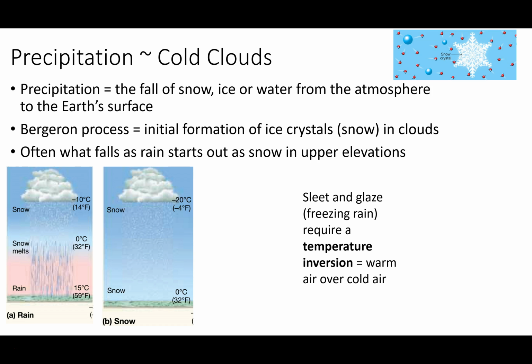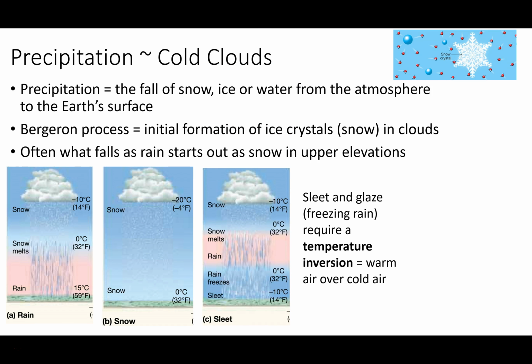Can you see where here it starts out as snow? Right here, it's warm and it melts. And then what does it do right here? It freezes, exactly. So a temperature inversion sets you up for some sort of refreezing of liquid water. That's it. Temperature inversions.